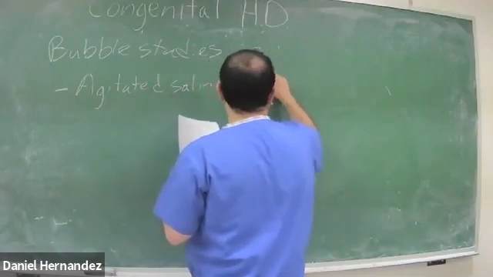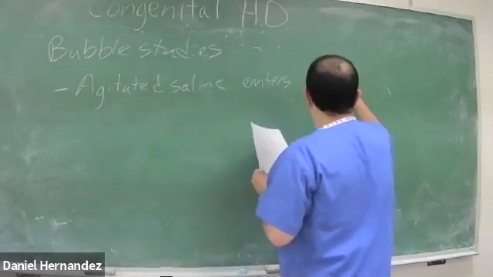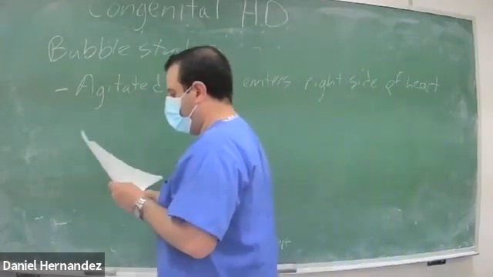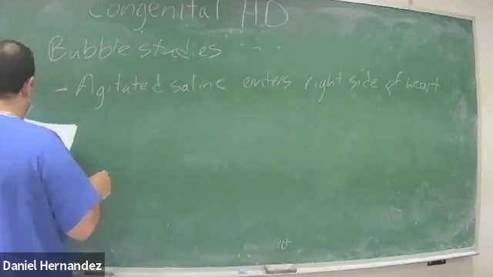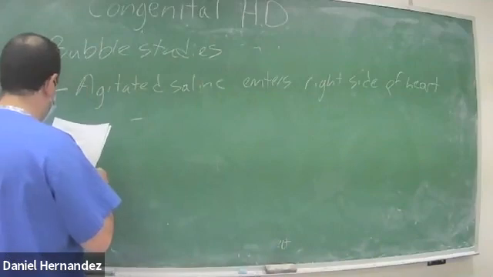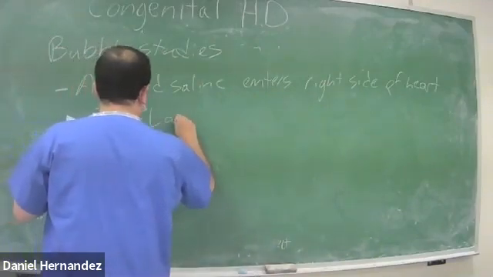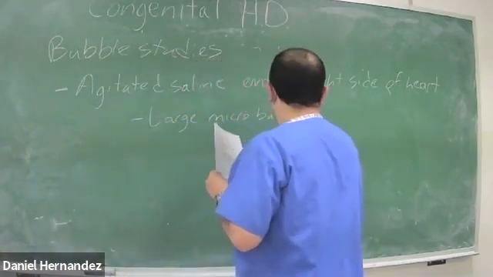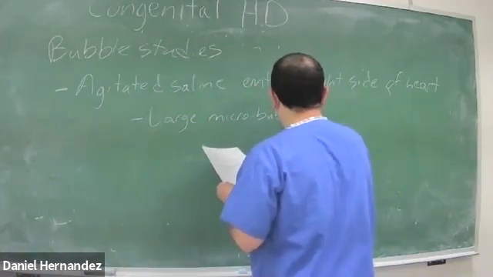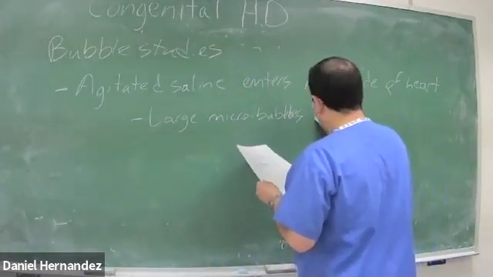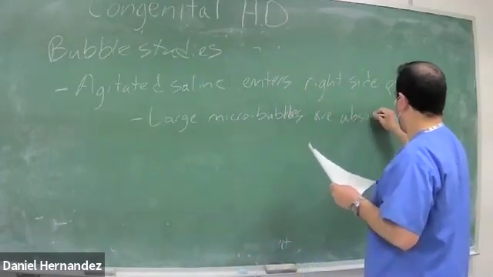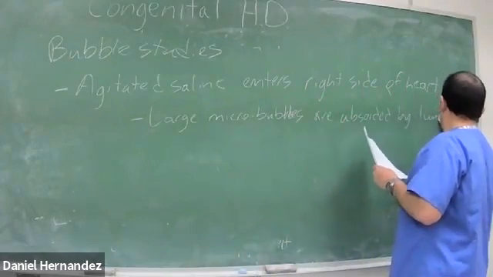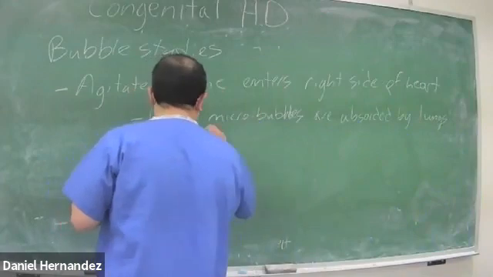Enters right side of heart. So large microbubbles are absorbed by the lungs. Don't make it to left side of heart.